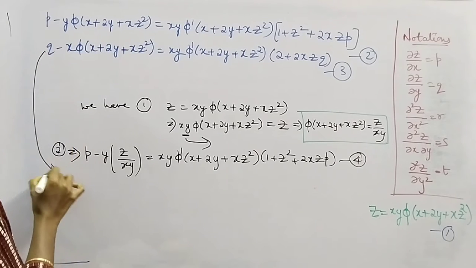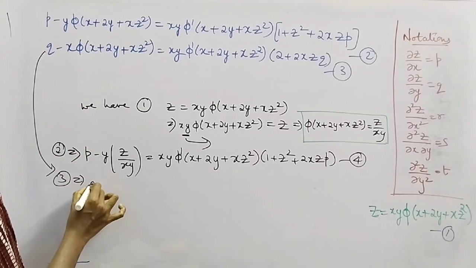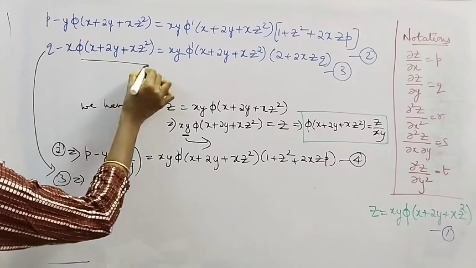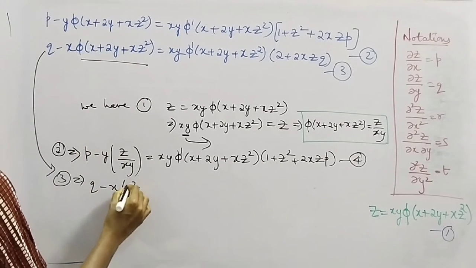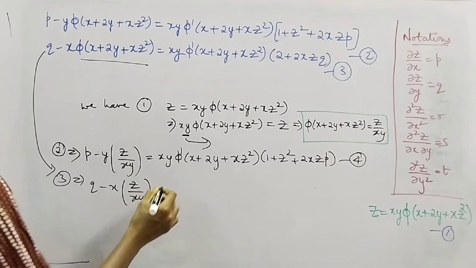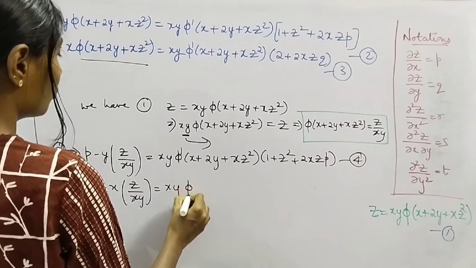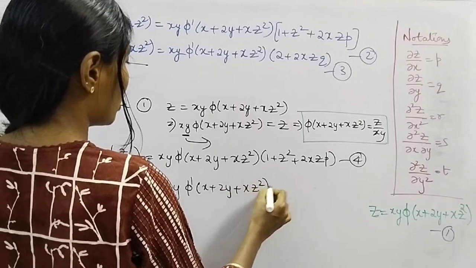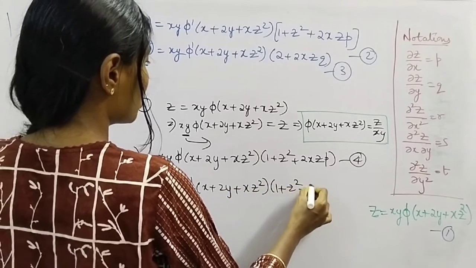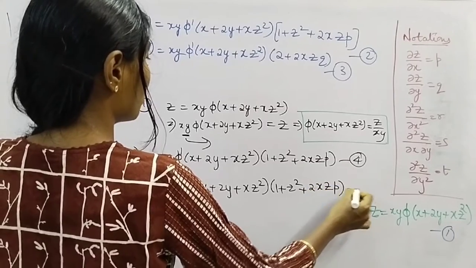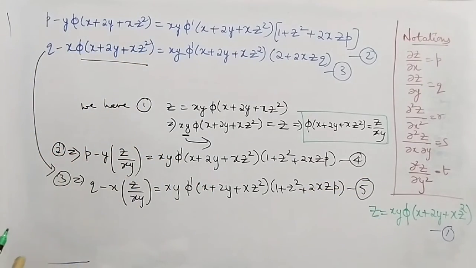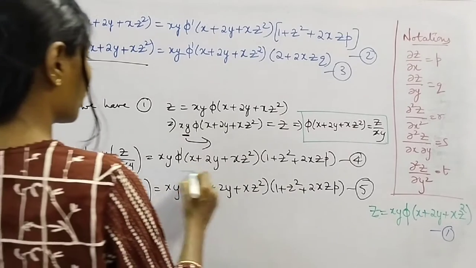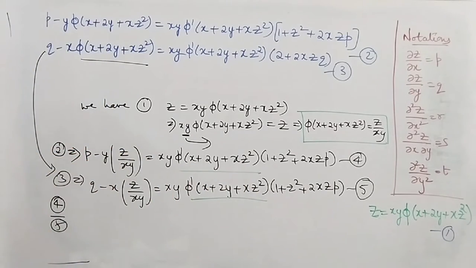And 3 becomes q minus x into, replace this phi using z by xy equal to xy into phi dash of x plus 2y plus xz square into 1 plus z square plus 2xzp. Consider as equation 5. Now using 4 by 5, we'll just eliminate this phi, okay?